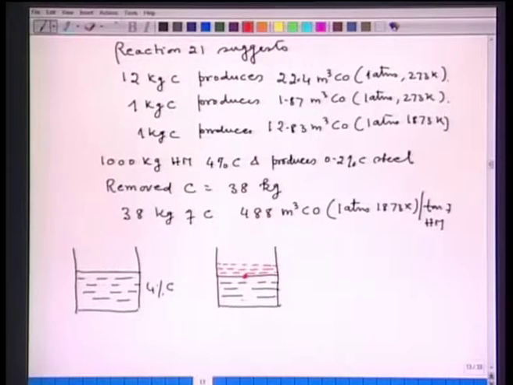In another situation, if the carbon oxygen reaction is deep seated in the bath, then the carbon monoxide bubbles will have sufficient time to grow, their size will be greater, and hence they will find an easy escape. What I wanted to communicate here is that this carbon oxygen reaction is very important, because carbon monoxide is a gaseous product.